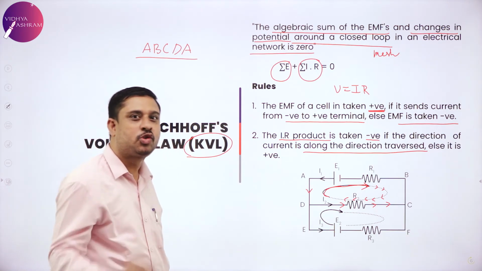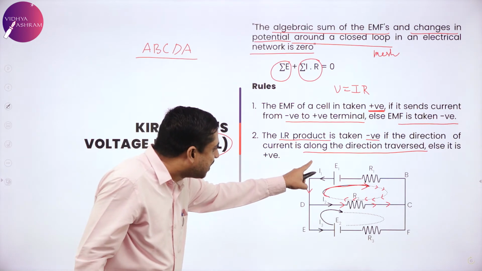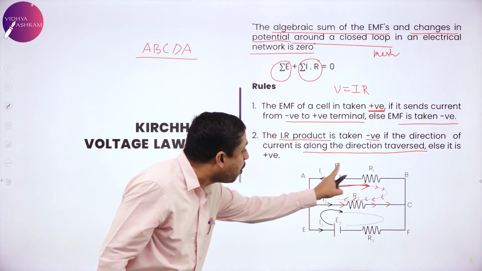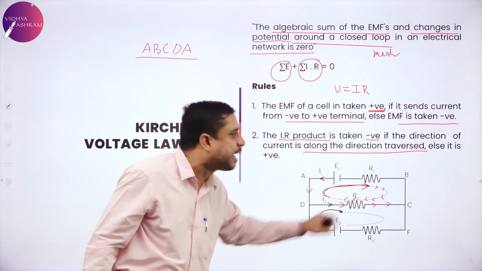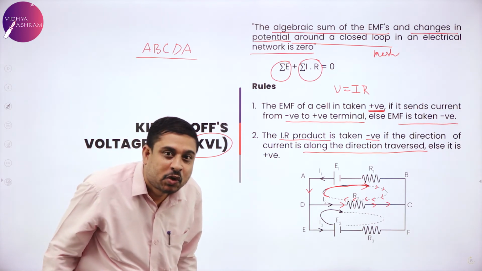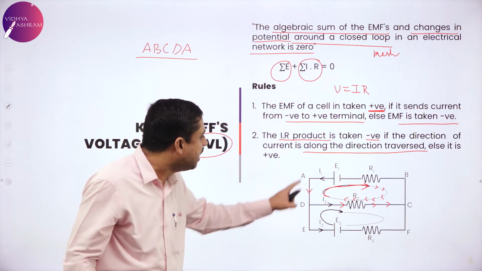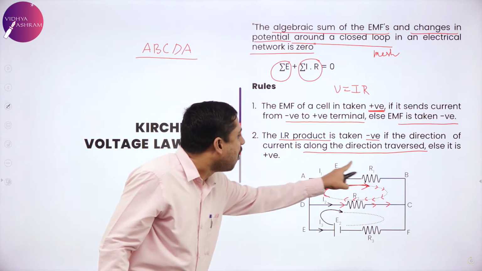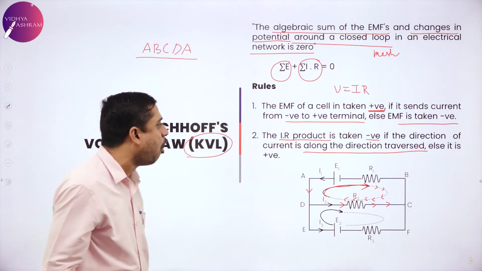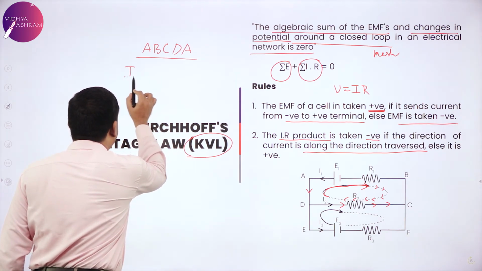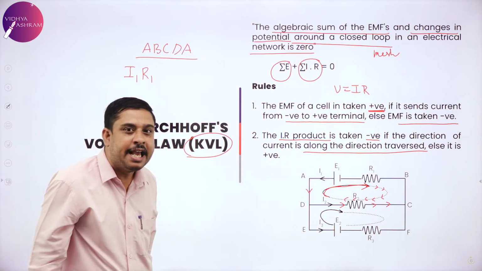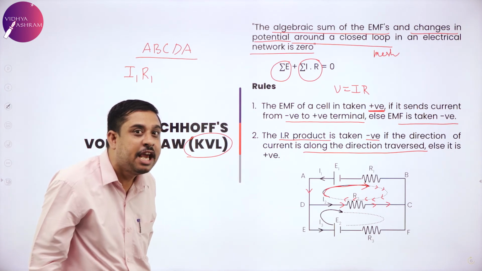So please know, students, if the direction of current is opposite to the direction of traverse, if current is flowing opposite to the direction given, then the product of current and resistance there is always positive. So here this is I1 R1. Why is it always positive?